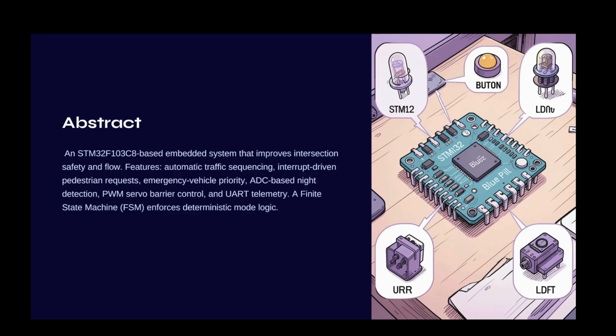Abstract. The objective of this project is to make traffic management smarter and safer. Instead of using traditional fixed-time traffic lights, our system can respond to real-world situations like pedestrian crossings, emergency vehicles, and changes in ambient light.